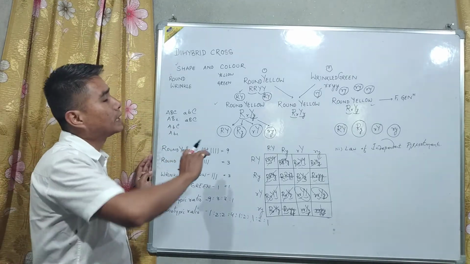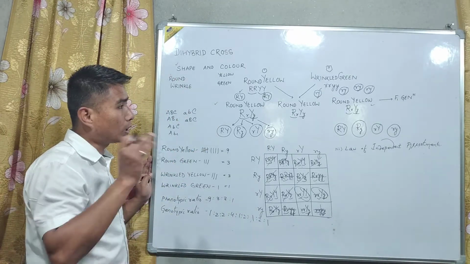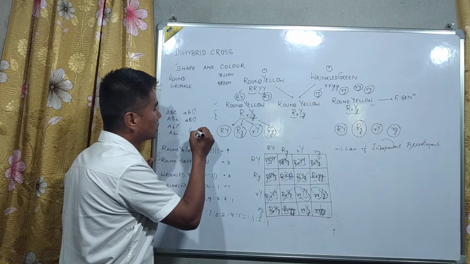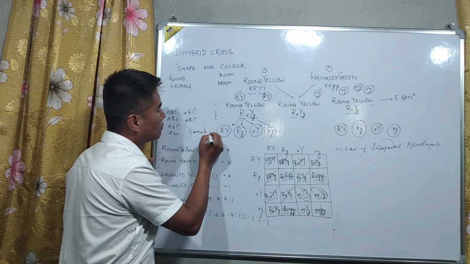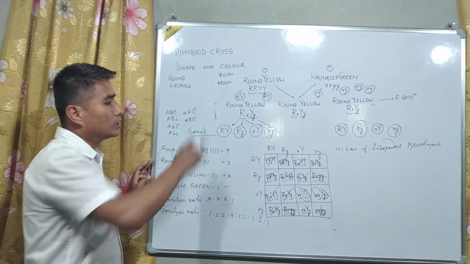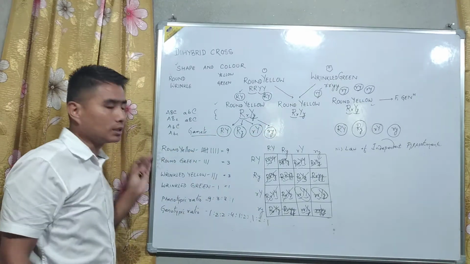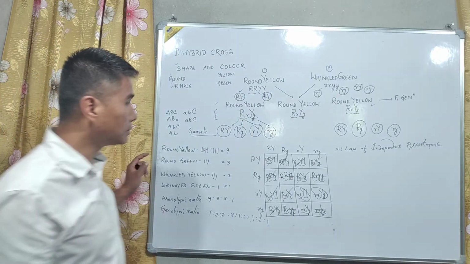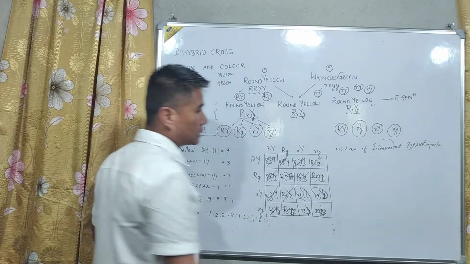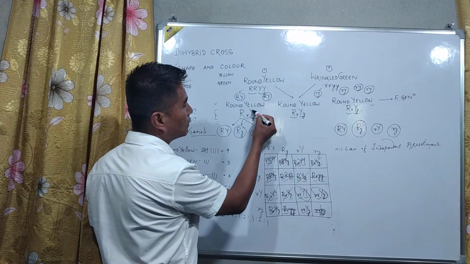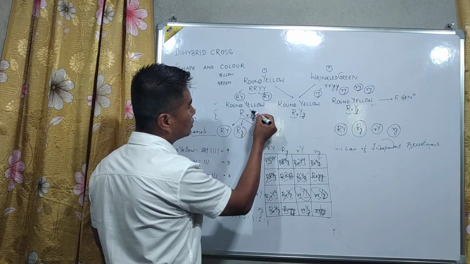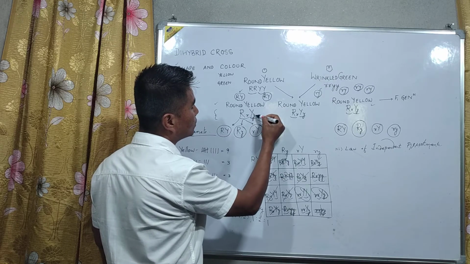What is very important is the formation of gametes. Absolutely important. If while making these gametes you make a wrong combination, then your result will be wrong. So you have to be very, very precise. Capital R will go with capital Y, capital R will go with small y, small r will go with capital Y, small r will go with small y.